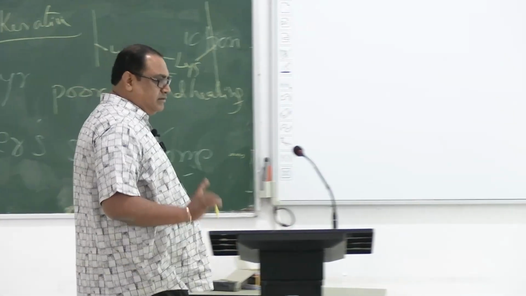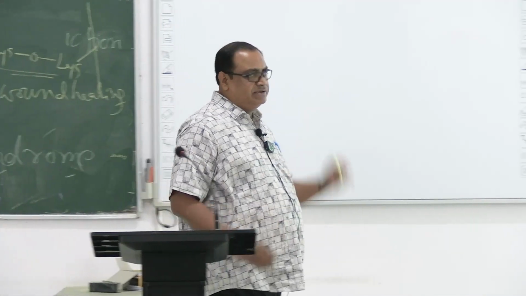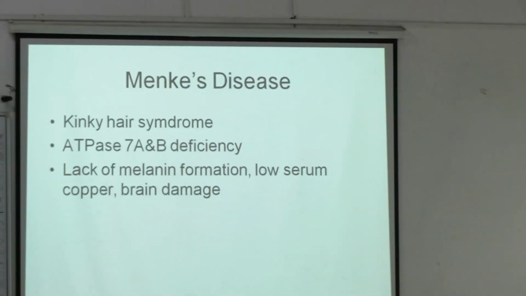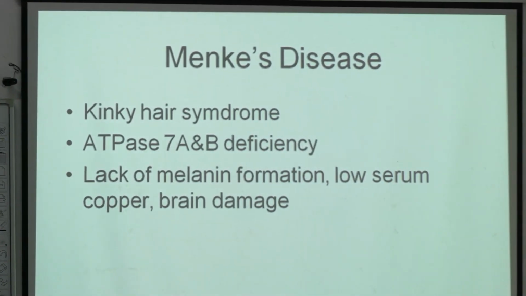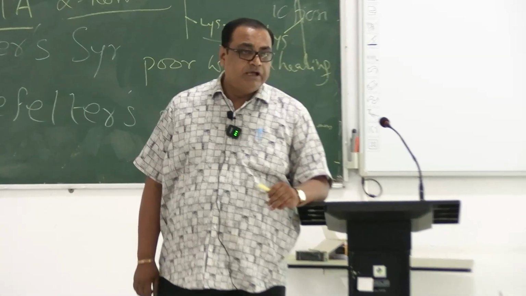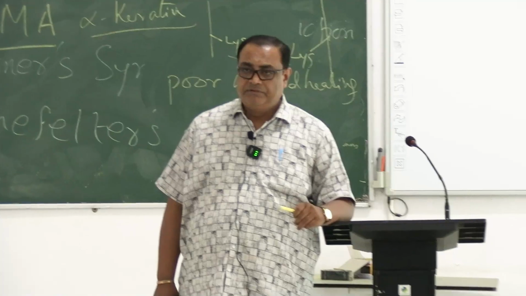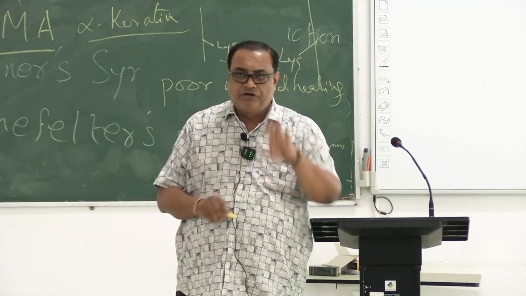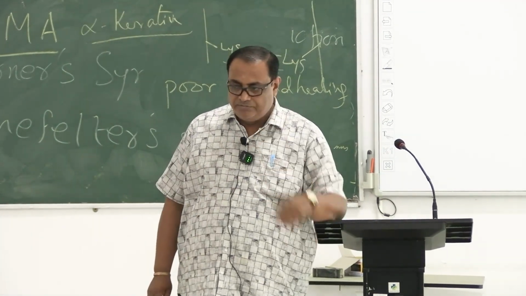The most dangerous part is the brain damage. If it is not diagnosed early, brain damage is certain. What to do? We have to infuse copper, because oral supplementation will not help. They cannot absorb it.